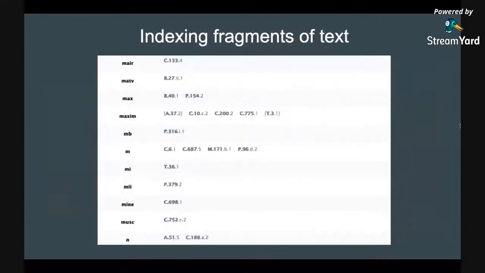And last, this is the index of fragments of text, so the orig bits of text. This is a tiny part from the M section of the alphabetical order of those fragments.